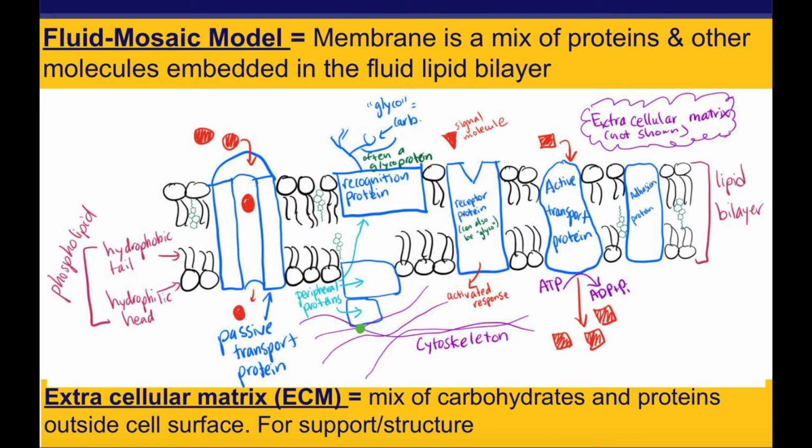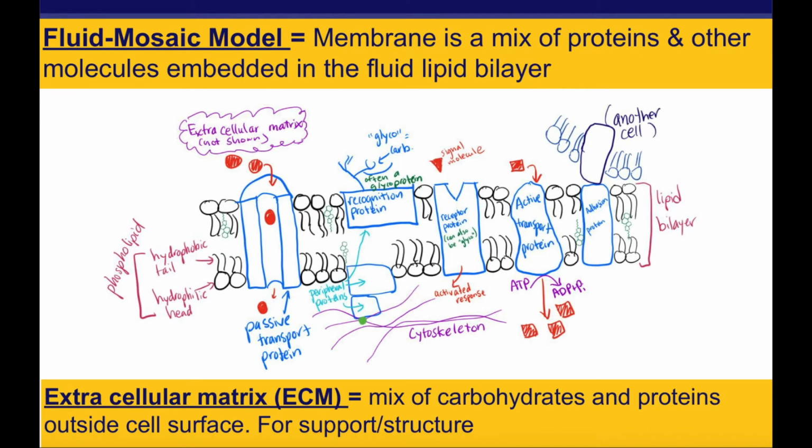One really good way to study is to draw a cartoony version of the cell membrane over and over again without looking at your notes, and then just going, oh yes, this is a transport protein. It needs to be this shape. It does this. And that's one good way to review. I'll refer back to this picture after we go over what all these different things, like the recognition protein, the receptor protein, adhesion proteins, all of them do.